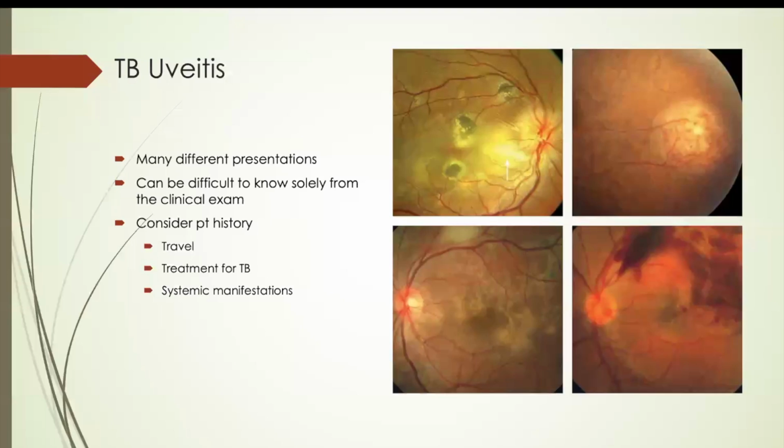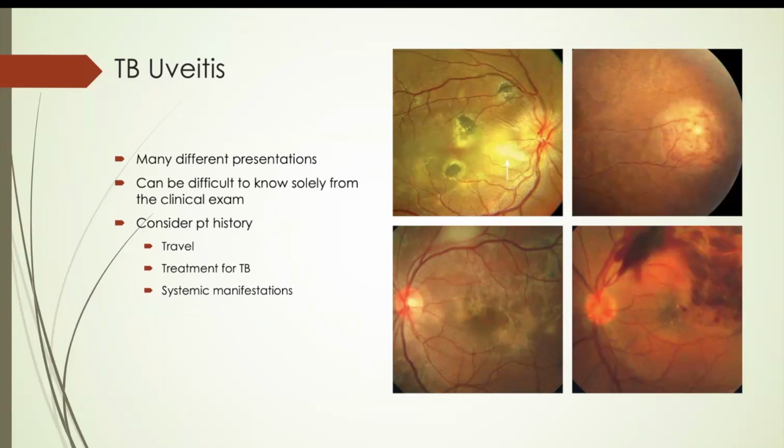And TB uveitis, like I said, has lots of different presentations, and it can be difficult to know solely from the clinical exam. So you want to be considering the patient history. Have they traveled? Are they on any active treatment for TB? Do they have any systemic manifestations of the disease? But quite often, these patients don't have any systemic symptoms and have an isolated TB in the eye.